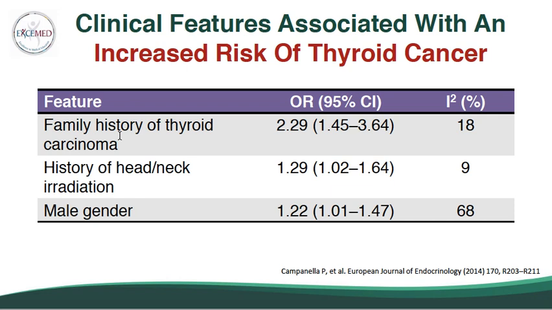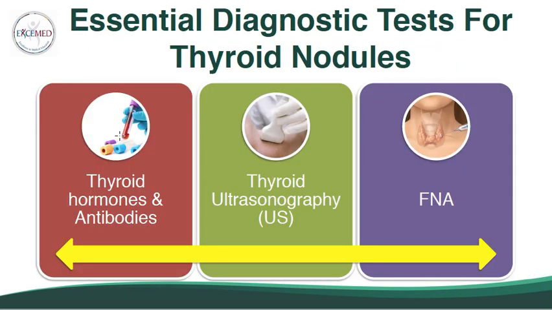Patients with history of head and neck irradiation have a 30% increased risk of malignancy, while patients who are males have a 22% increased risk of thyroid cancer. So, what are the tests that we need to request? Aside from the thyroid ultrasonography I mentioned before, you also test for your thyroid hormones and antibodies if necessary.